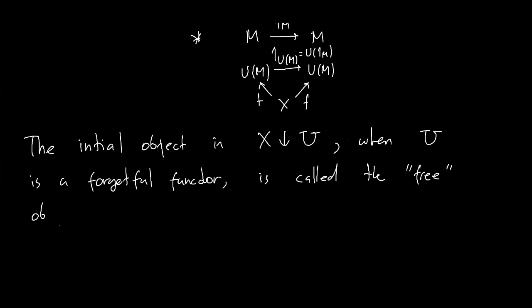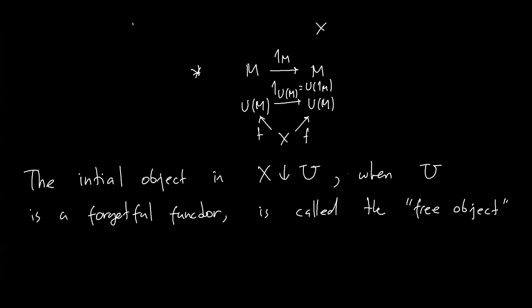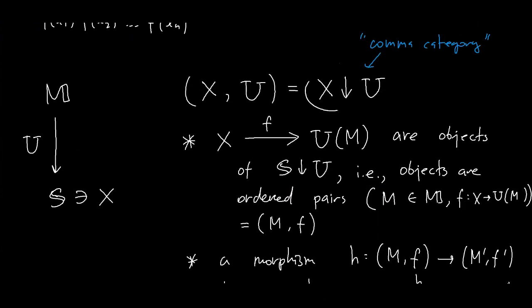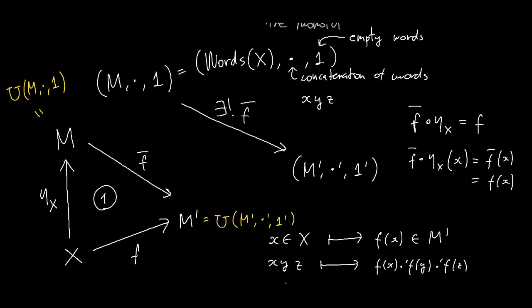Well, you see, it's a bit misleading to talk about free object because it's not just an object in M. It is an object inside the comma category. It's important to keep in mind what the map eta is.